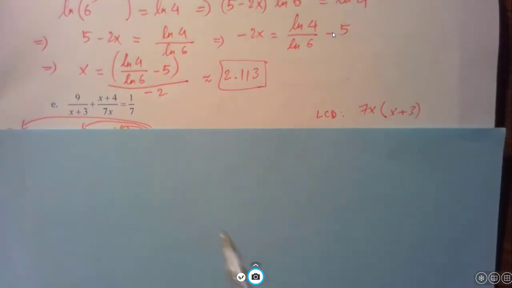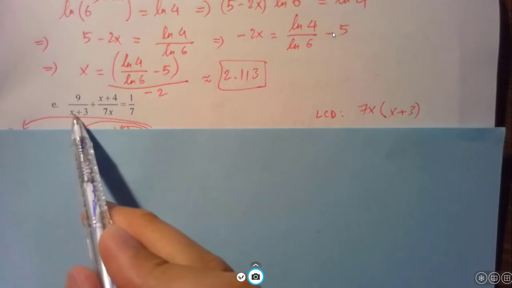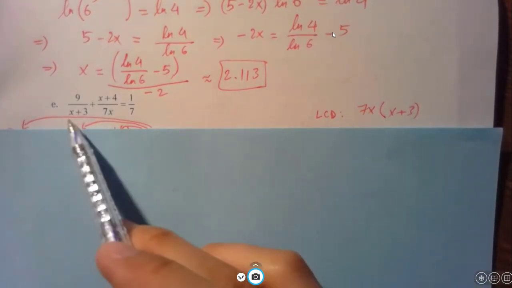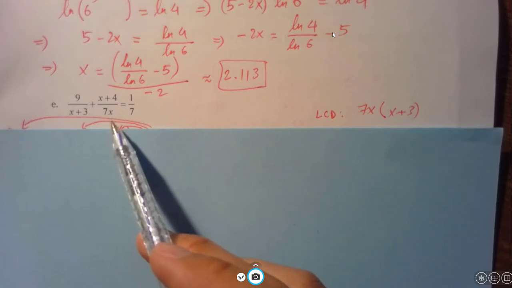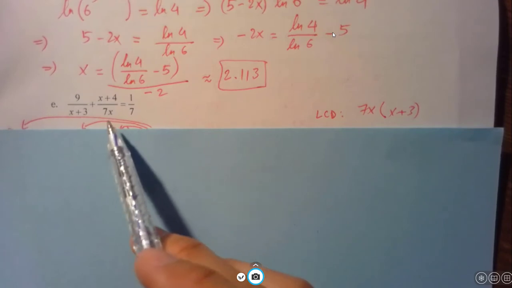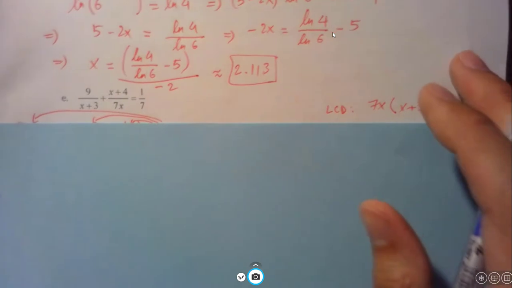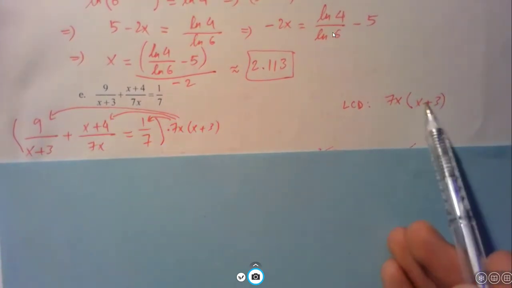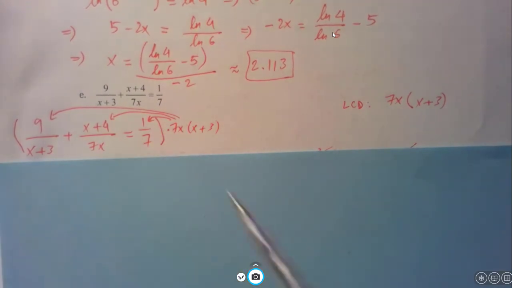The LCD should be 7x multiplied by x plus 3. So this is the LCD for this rational equation. And then from here, you can solve the equation by multiplying the LCD to the whole equation and then making the distribution.